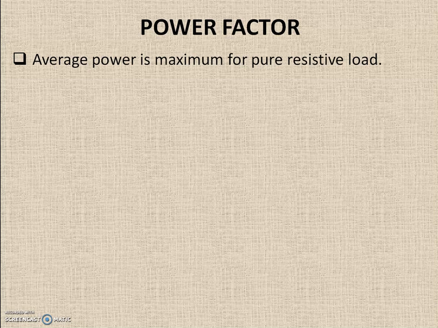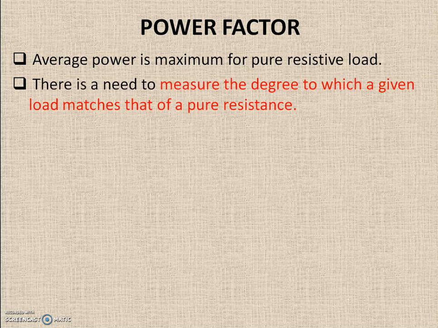Okay, so you can say that the average power is maximum for pure resistive loads, and for any other loads it is lesser. So there is a need to measure the degree to which a given load matches that of a pure resistance. Pure resistance is taken as the ideal case where the total power is transmitted or consumed by the load.